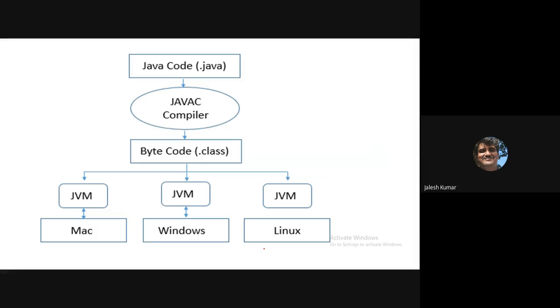Now see, when you observe this, our source with the .java extension is compiled and turned into bytecodes. Now we are interpreting that with the help of JVM, the Java virtual machine. I am working on Linux, a different operating system.